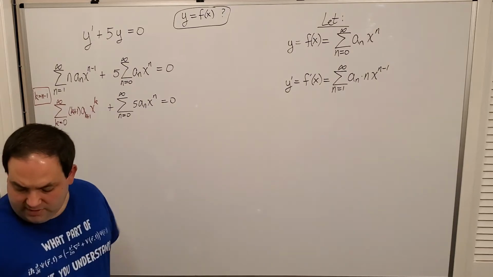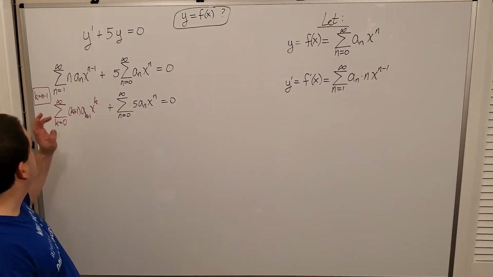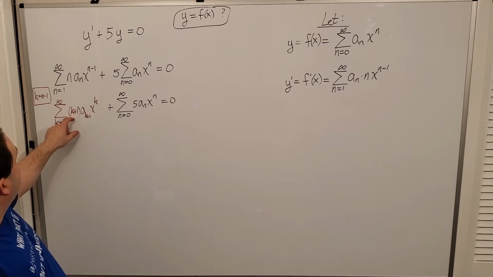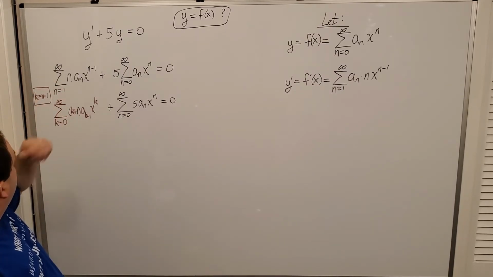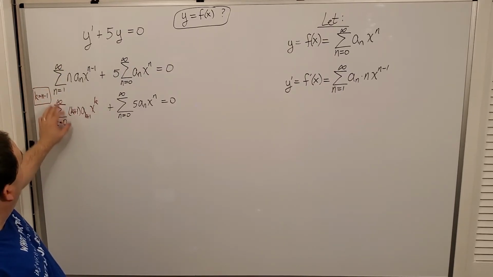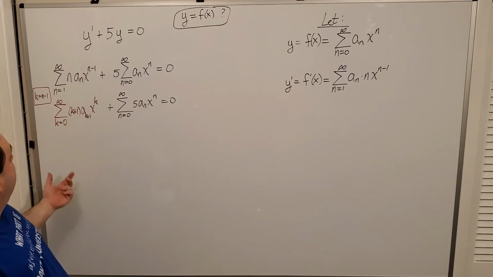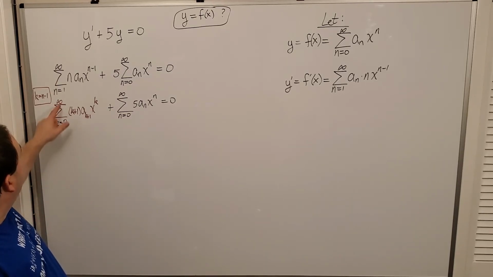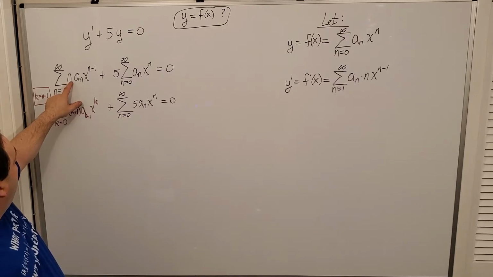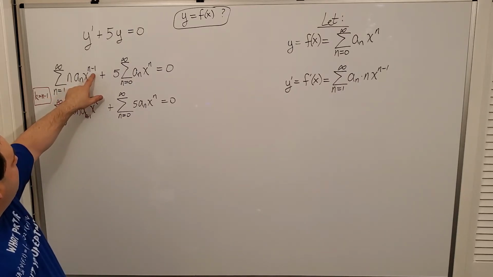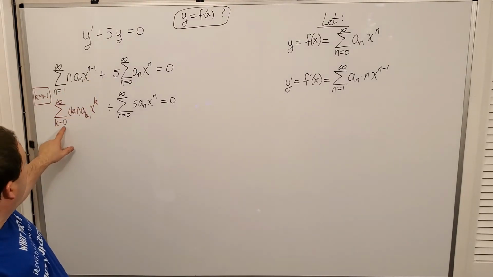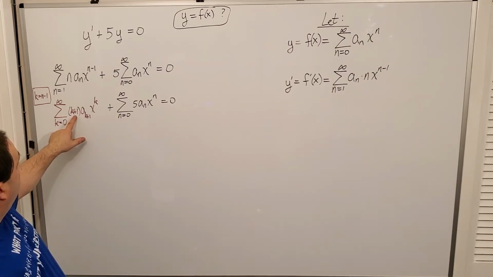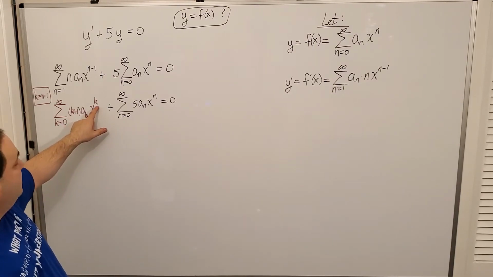Now, I used a different letter there, k, just so that you can see that it is possible to reorganize a summation with different numbers. Notice I'm still going to get the same values, right? When n is 1, this is 1 and a sub 1 and x to the 0. When k is 0, I still get 1, a sub 1, and x to the 0.